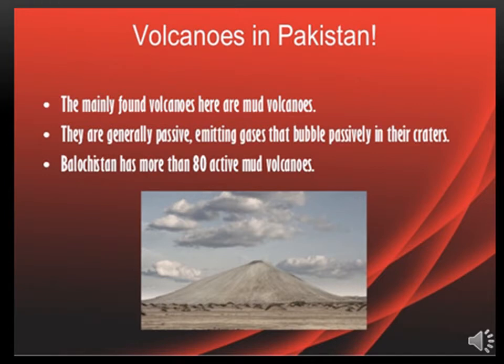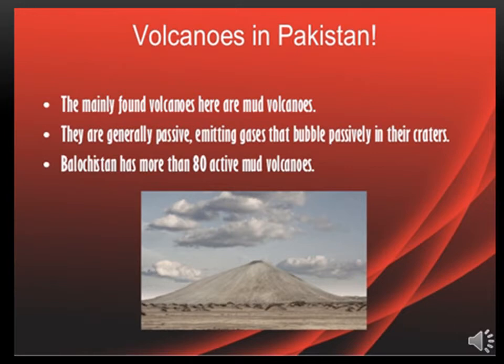And then we learned about the volcanoes in Pakistan, and I've told you the types of volcanoes found in Pakistan are mainly mud volcanoes. Balochistan has more than 80 active mud volcanoes, and the world's largest and highest mud volcano can also be found there. I even gave you a visit to the world's highest and largest mud volcano in Balochistan.